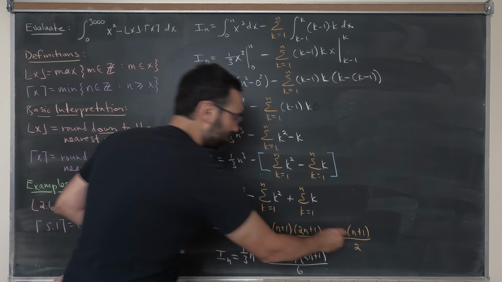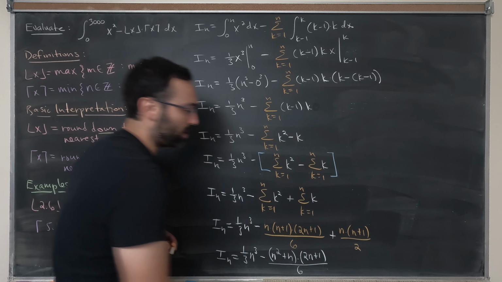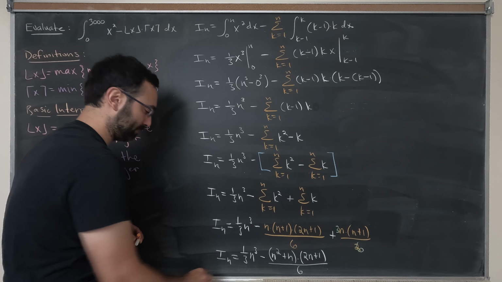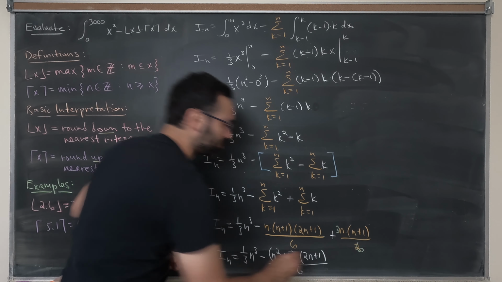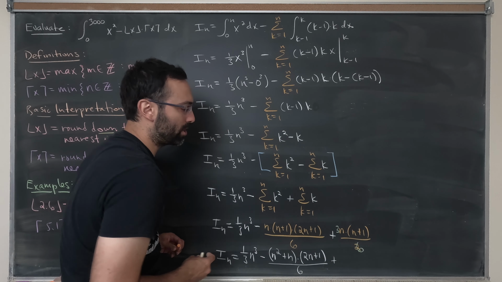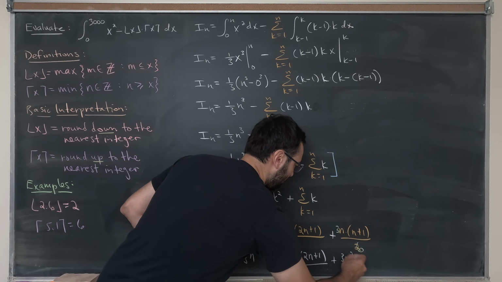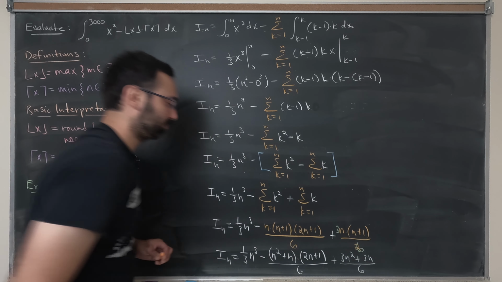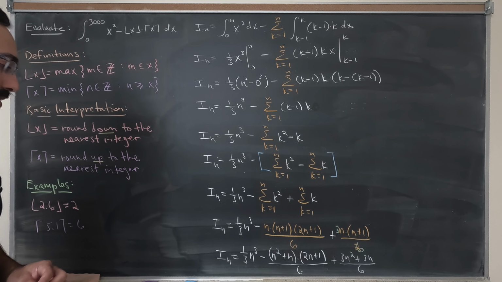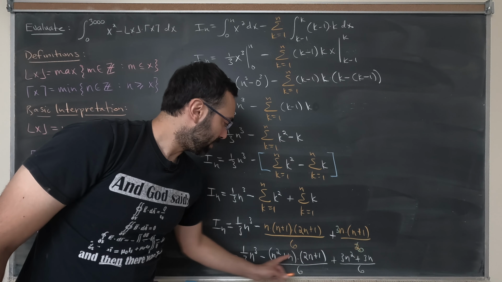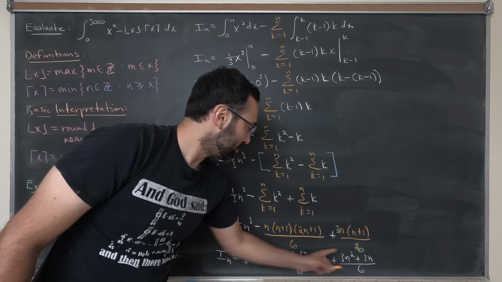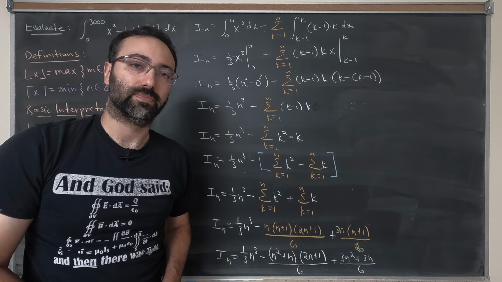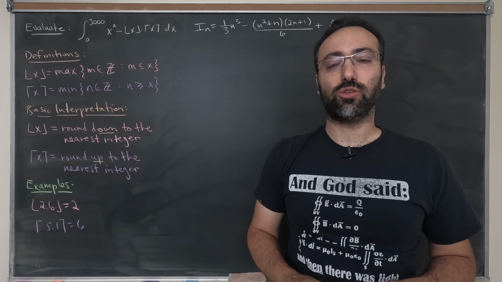And then over here, just to give us a denominator of 6 as well, we'll make this a 6, and we'll make this a 3. So distributing in the top gives us 3n squared plus 3n. And now we'll carry on. We'll distribute here again, and then combine these two fractions, simplify everything, and see where that takes us. So stay tuned.